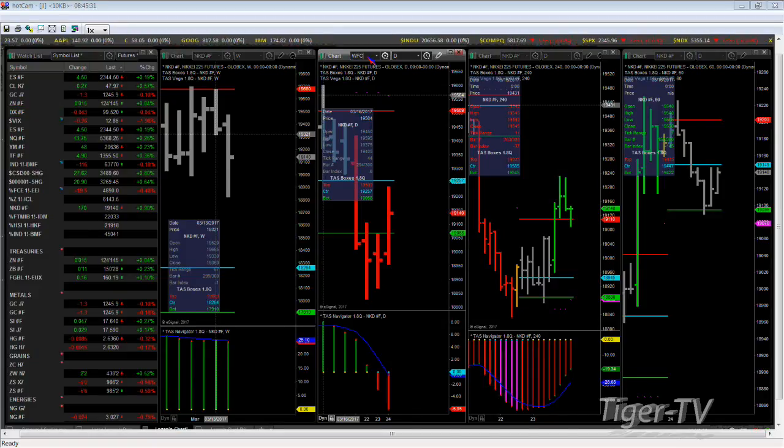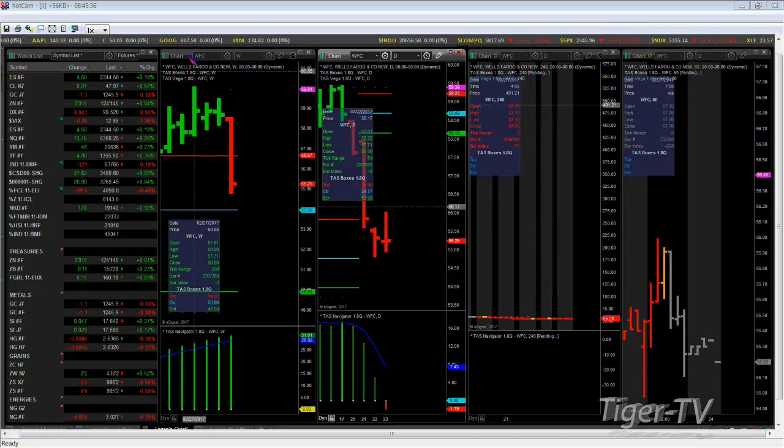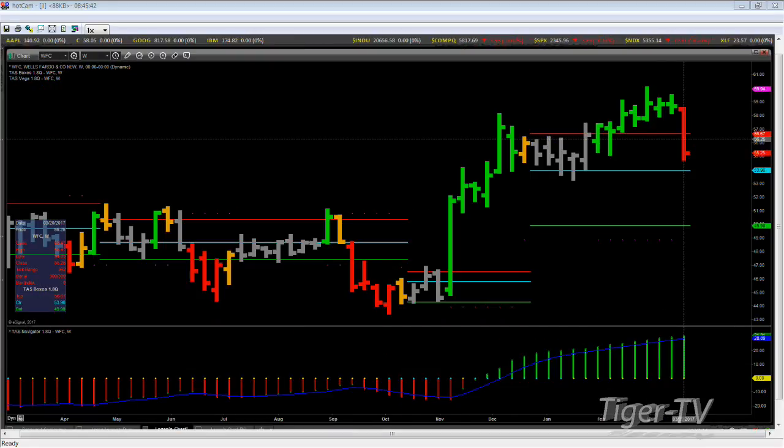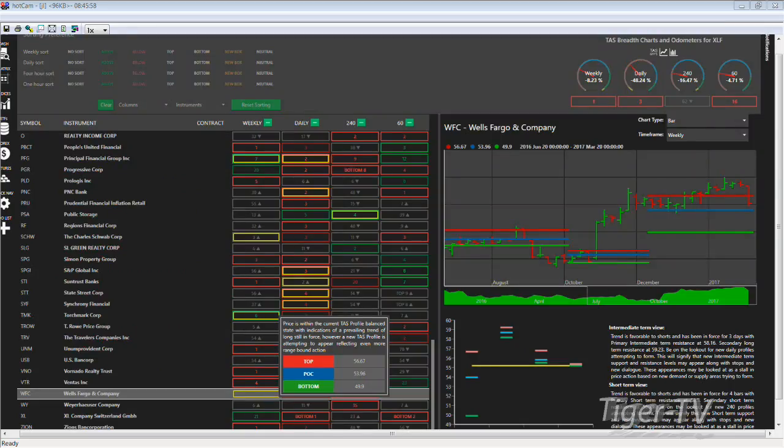A couple of banks here we need to be aware of. Wells Fargo finally started coming off here, and this is a real weird setup. Let me take a look at it in the scanner. Go into the ETF section and hit it. There's the financials. There's WFC. This is kind of a weird situation.